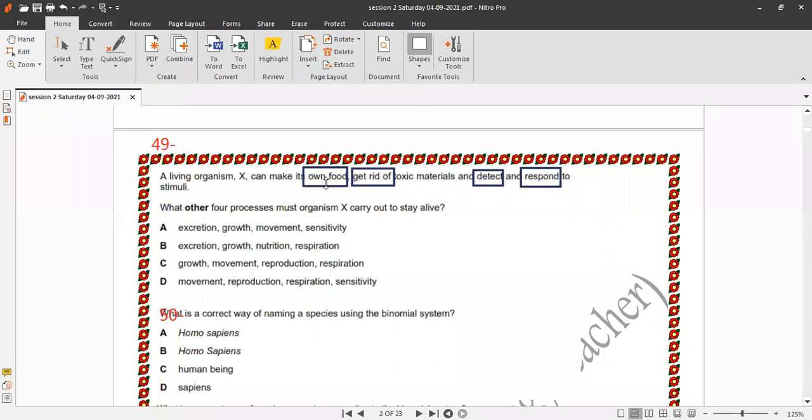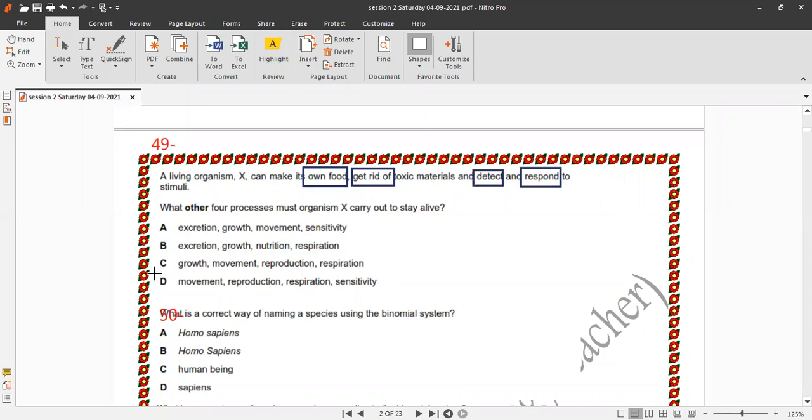Because it asks about the other 4 processes. What other 4 processes must organism X carry out to stay alive? Here, what? Nutrition and excretion and sensitivity and movement.